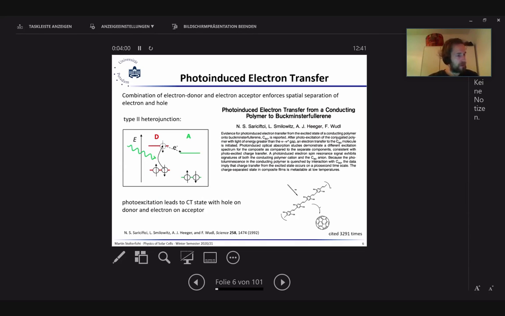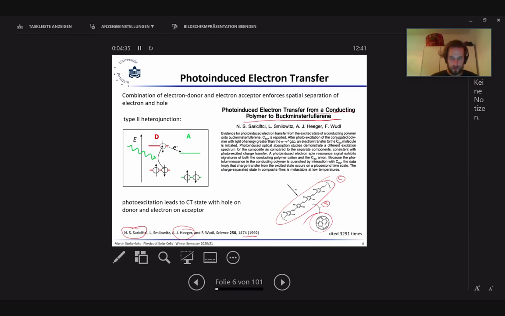Okay, and this was the breakthrough discovery in the 90s by Sariciftci and Heeger, actually in 1992. They saw that there can be a photo-induced electron transfer from a conducting polymer to a Buckminsterfullerene. So this can transfer the electron to the fullerene.